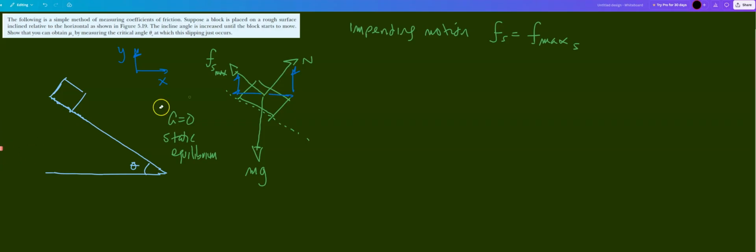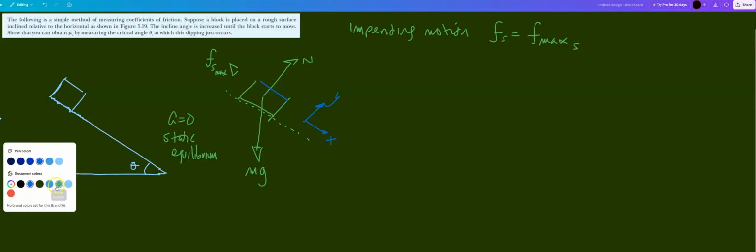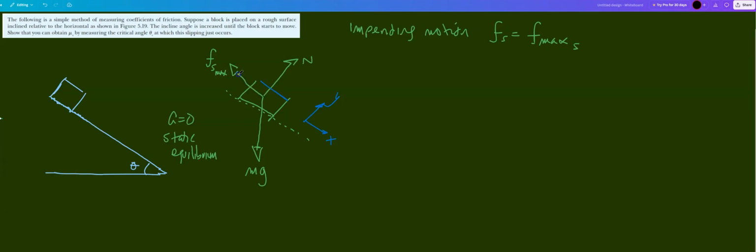Well, an alternative to this is to rotate the x and y axis. This is the box. So what I'm going to do is rotate the x and y, so x is parallel to the inclined plane, right?